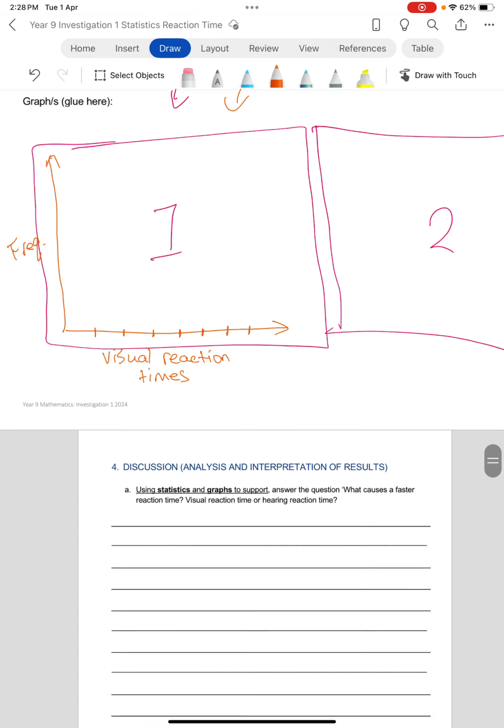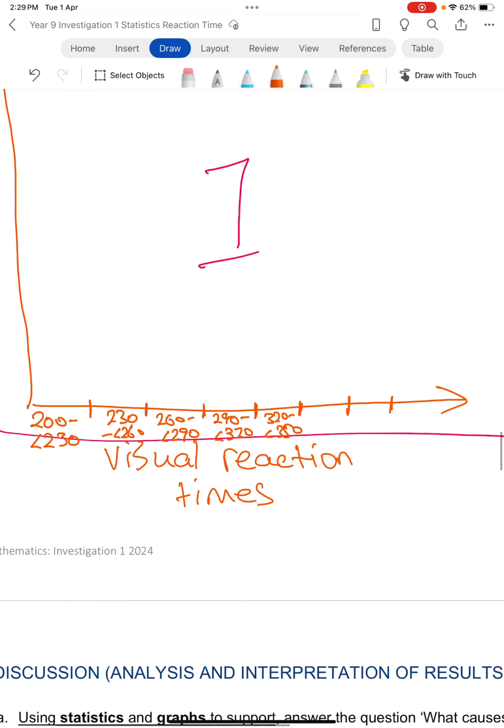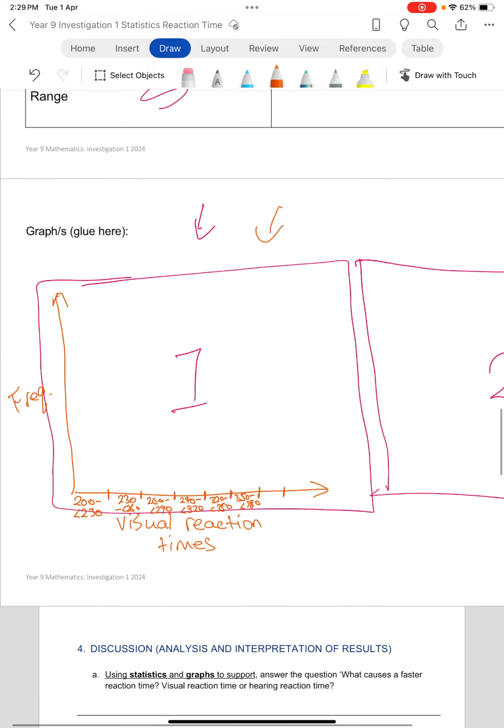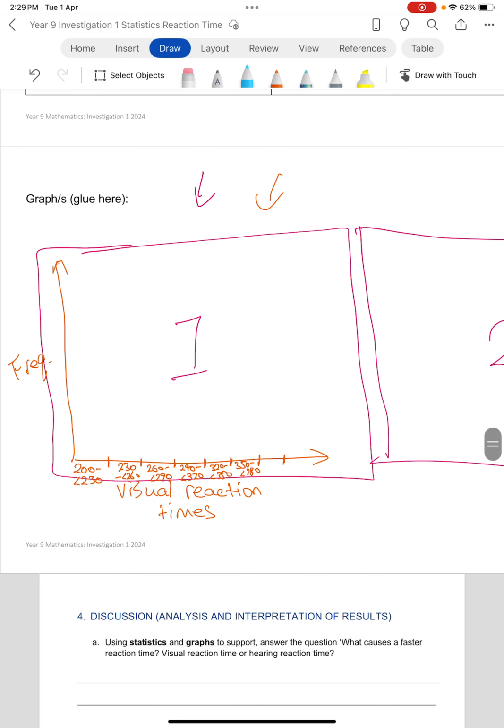So my intervals were 200 to less than 230, 230 to less than 260, 260 to less than 290, 290 to less than 320, 320 to less than 350, and then I think we had 350 to 380 as well, okay? Something like that.